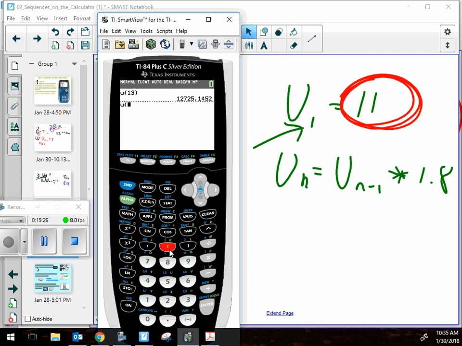U sub 16, and I'm going to cheat and not even use the end parentheses. If you're really into saving time, you don't even have to have the end parentheses on it. All right. You get 74,000 about? Okay.